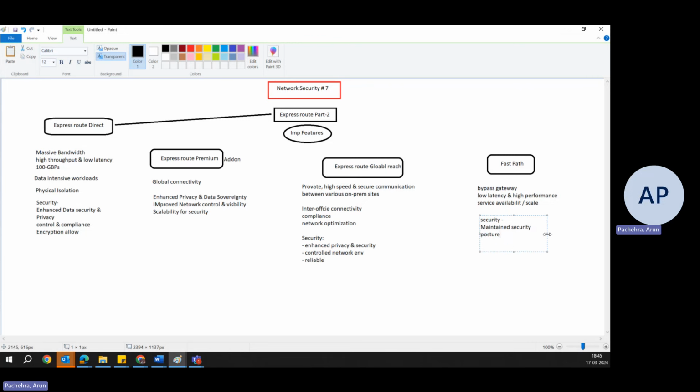It's only bypassing the gateway, not your security stuff. And encryption, your way, not by default. And finally, compliance and isolation, keeping data off the internet.